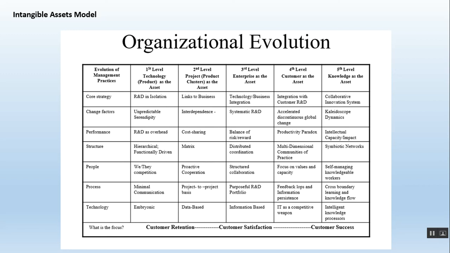Even your people structures. When you look at level 3, enterprise as the asset, you start to get into more structured collaboration. When you get more towards level 5, now you're looking at self-managed teams and knowledge workers, which all correspond to this idea that knowledge is the ultimate asset.